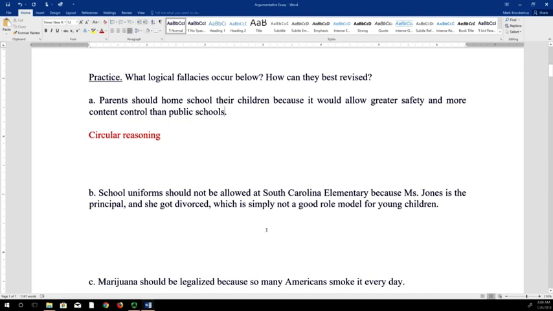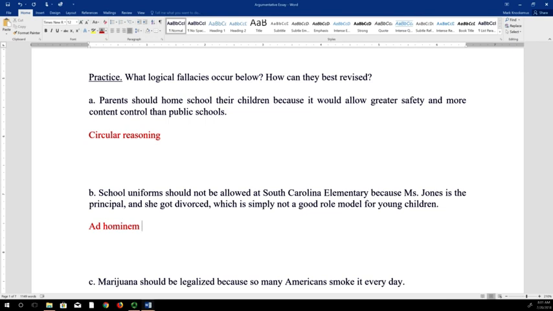Now, B, school uniforms should not be allowed at South Carolina Elementary because Miss Jones is the principal, and she got divorced, which is simply not a good role model for young children. What's happening here? We are attacking the person and not the issue.